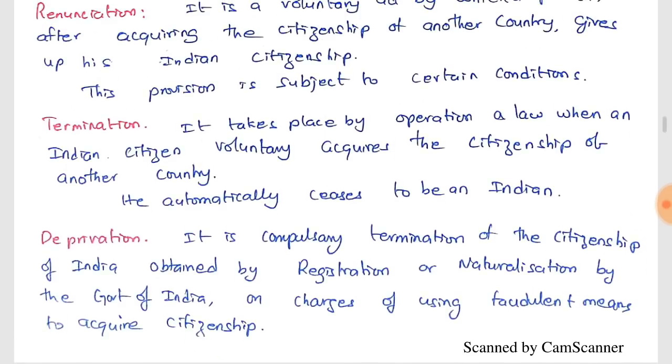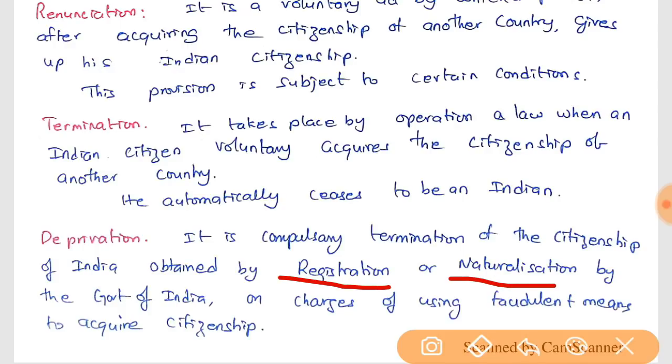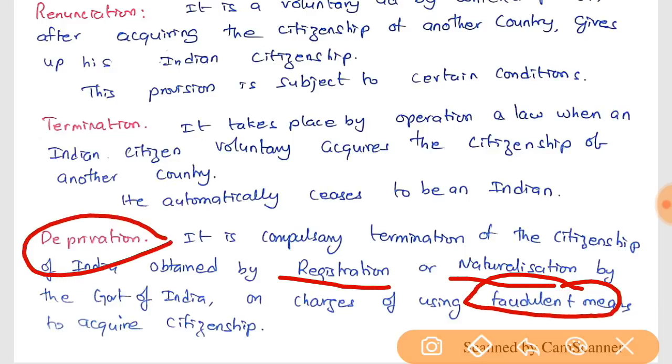And deprivation: we know that to acquire the citizenship of a country, there are two ways, that is registration or naturalization. If someone acquires the citizenship through registration or naturalization by producing fake documents or fake proofs, that is through fraudulent means, and this comes to the notice of our government, then they will cancel the citizenship, and this is called deprivation, friends.